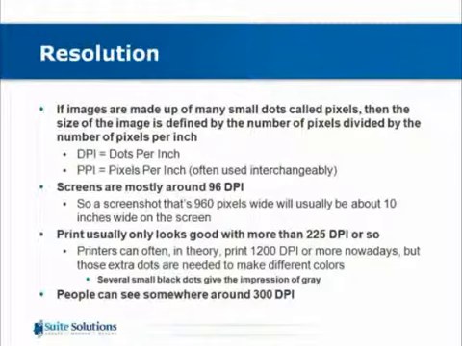The reason why it's important to think about it this way is because this is a frequent measurement that you'll actually see in different tools when trying to work on images. Sometimes it appears as dots per inch and sometimes as pixels per inch. Those terms are both used interchangeably.